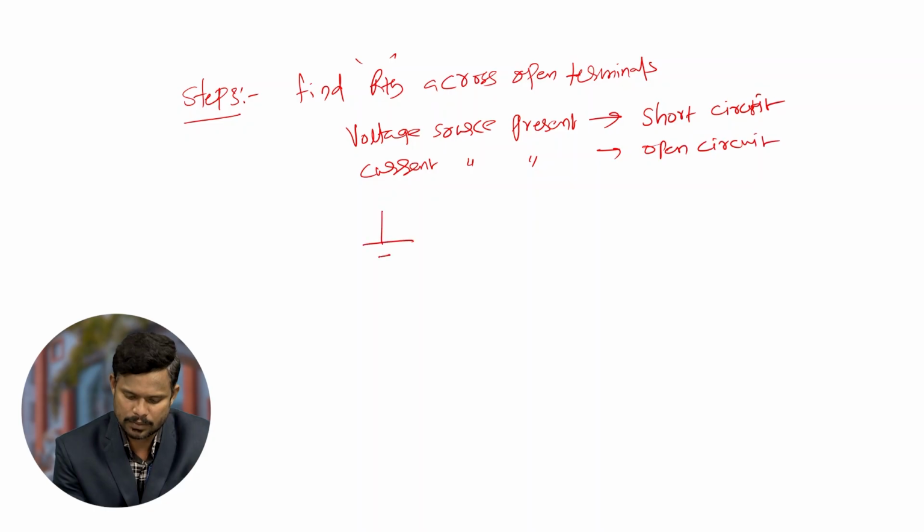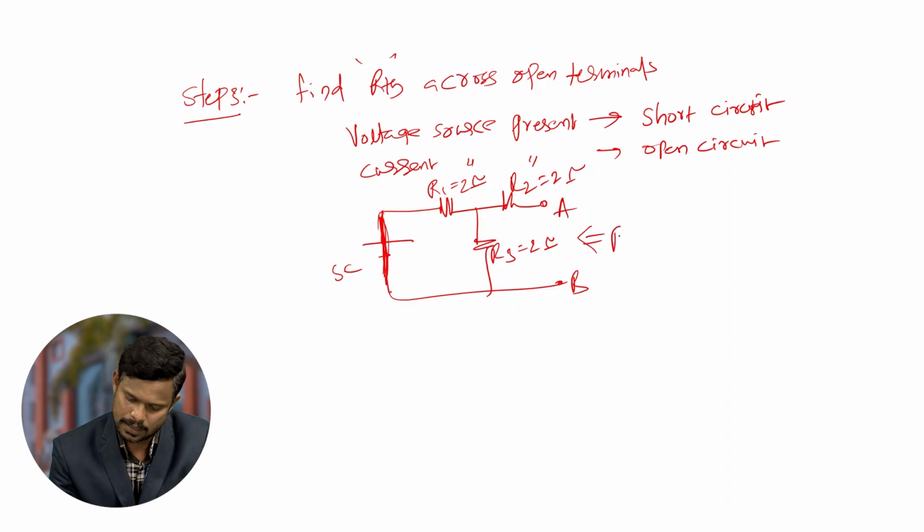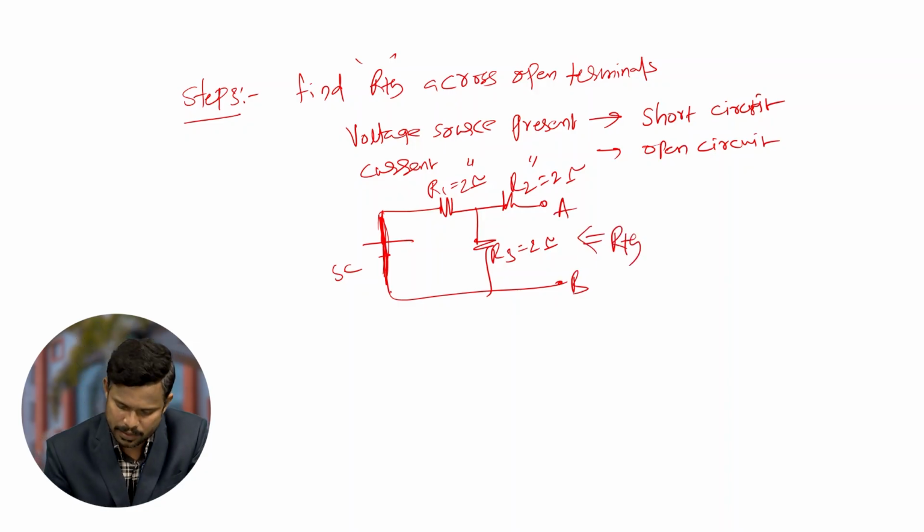In this given circuit, a voltage source is present. So this voltage source is replaced with a short circuit. R1 is 2 ohms, R2 2 ohms, R3 also 2 ohms. So now you calculate the total resistance across the A and B terminals, called Thevenin's equivalent resistance.